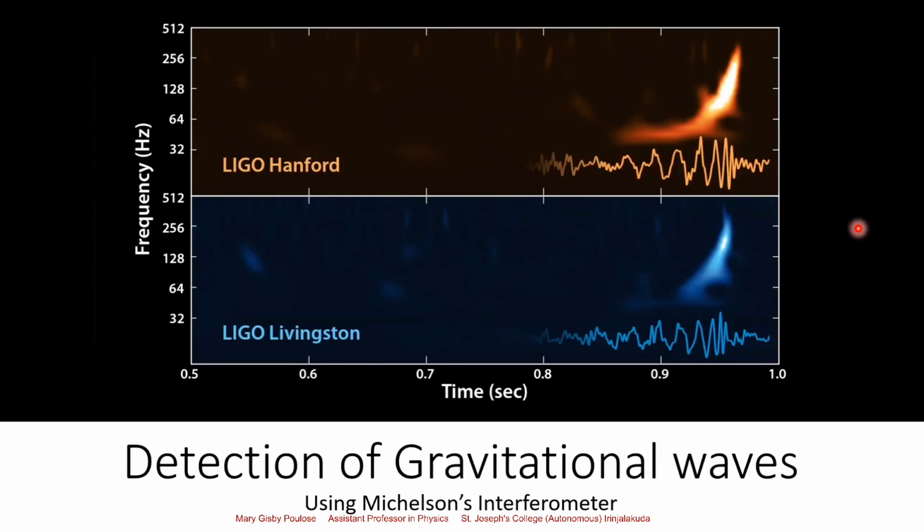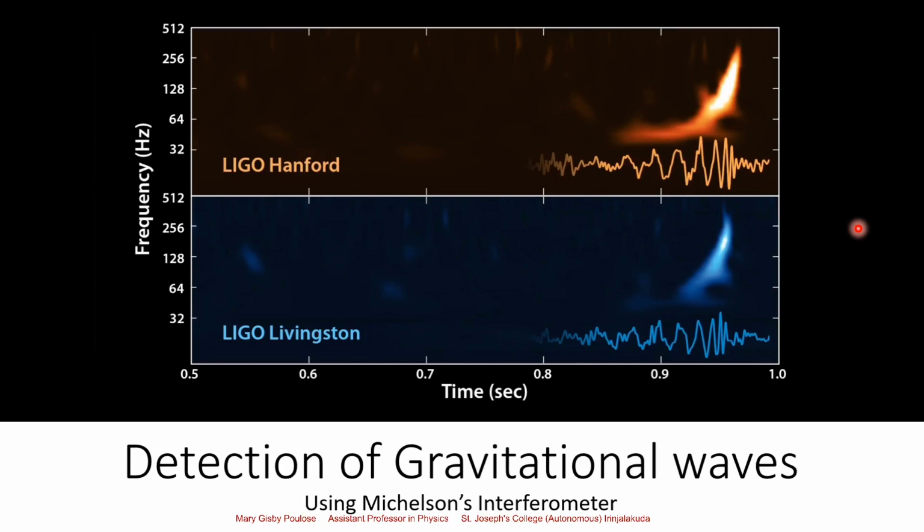Now we are coming to the end of the session, so let's go back to the first image that I showed. This is the spectrum, or a reading, that gave us the first direct evidence of detection of gravitational waves. And it was done using a Michelson's interferometer at two different labs simultaneously.